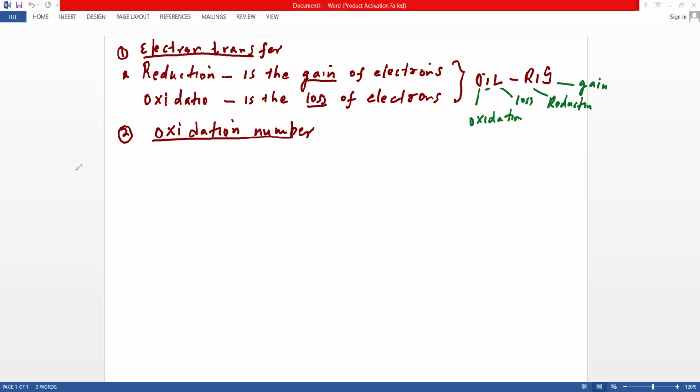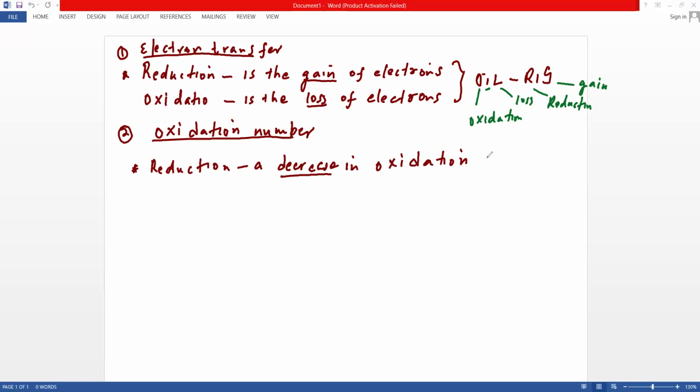In terms of oxidation number, a reduction is defined as a decrease in oxidation number. If a substance decreases in its oxidation number, we say it undergoes reduction.